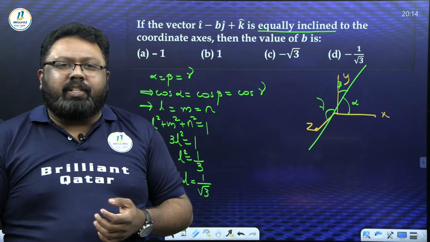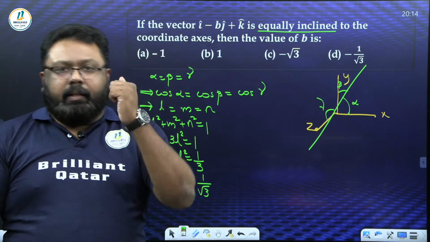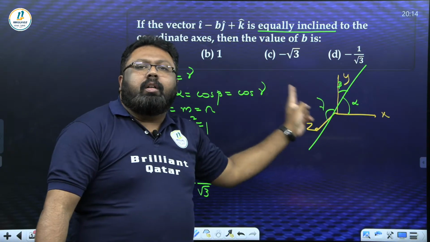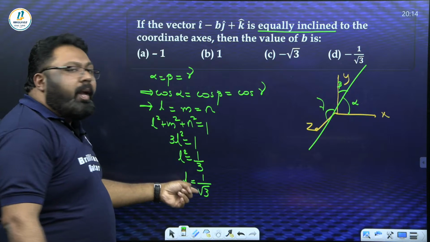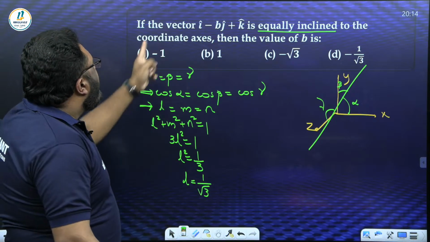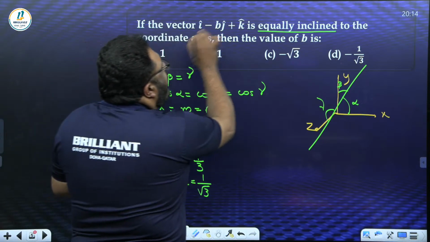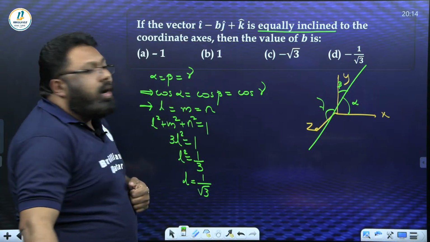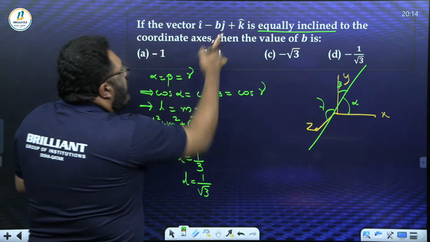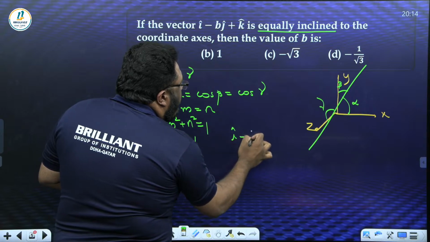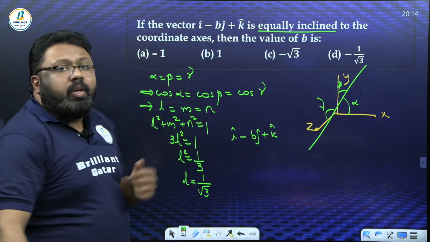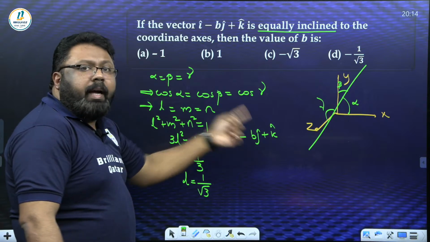What are the direction cosines of any vector which is equally inclined on all the axes? 1 by root 3, 1 by root 3, 1 by root 3. So if the vector is equally inclined to the coordinate axis, then what is the value of B? Easy, right? So i minus Bj plus k is a vector, not a unit vector. It's a vector, my dears.